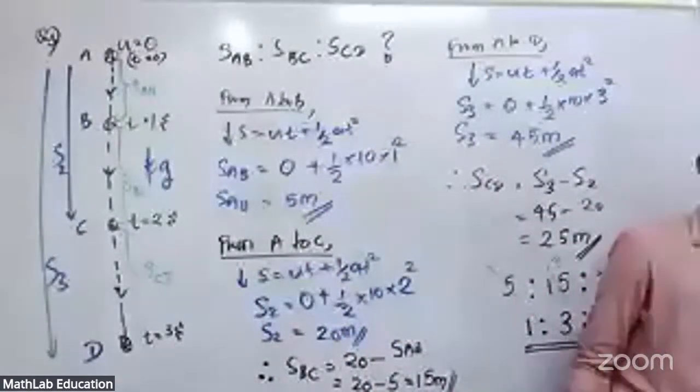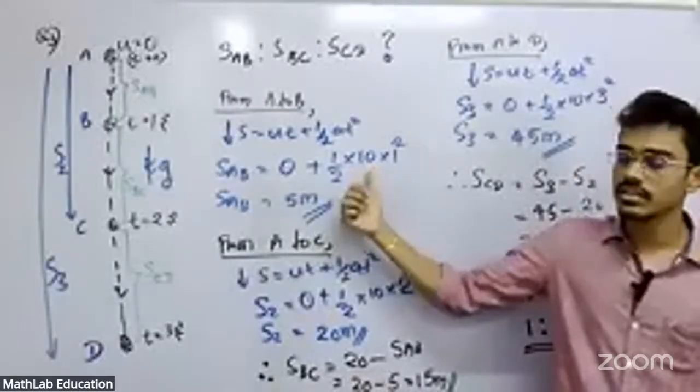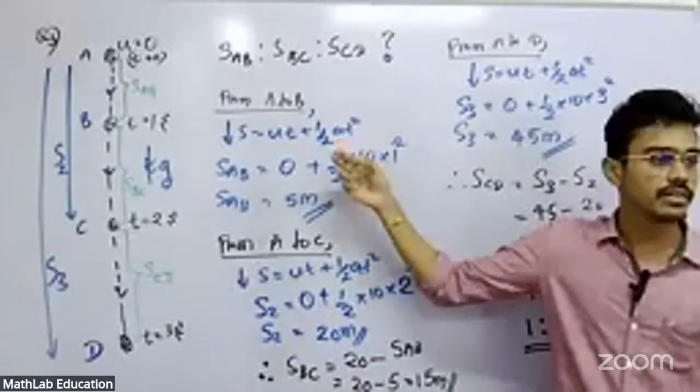So if accelerations are different, we can't do this, because in our equations we have only one acceleration term.